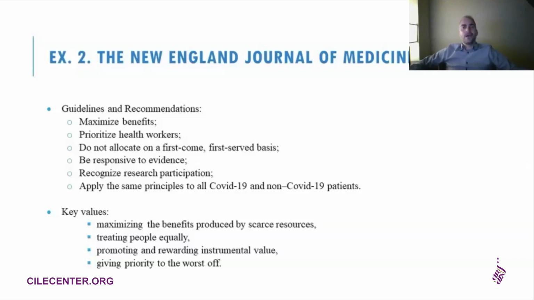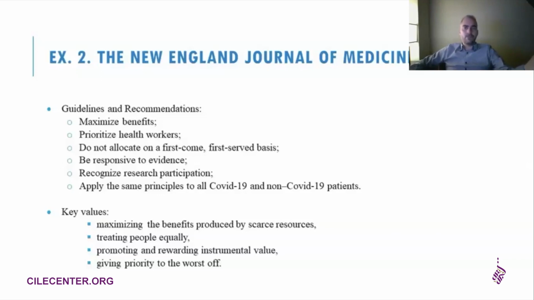Now, operationalizing the value of maximizing benefits means that the priority will be given to people who are sick but could recover if treated. This is one of the applications of this, and we agree on this. We can agree on this, of course.